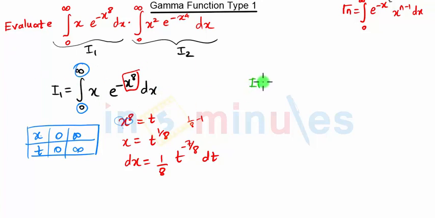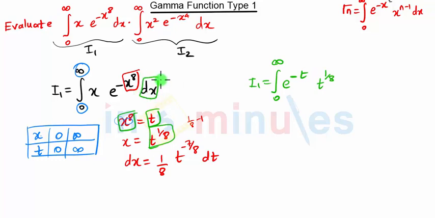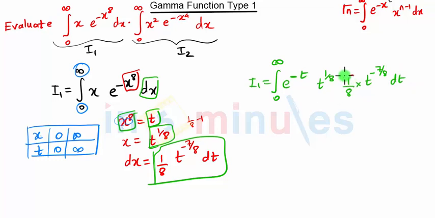We get I1 equal to integration 0 to infinity, which are the limits of t, into e raised to minus x raised to 8. We have replaced x raised to 8 by t, into x. What is x? x is t raised to 1 by 8, into dx. What is dx? dx is nothing but this term, which is 1 by 8 into t raised to minus 7 by 8 into dt. So this 1 by 8 is constant. We can take it out of the integration.